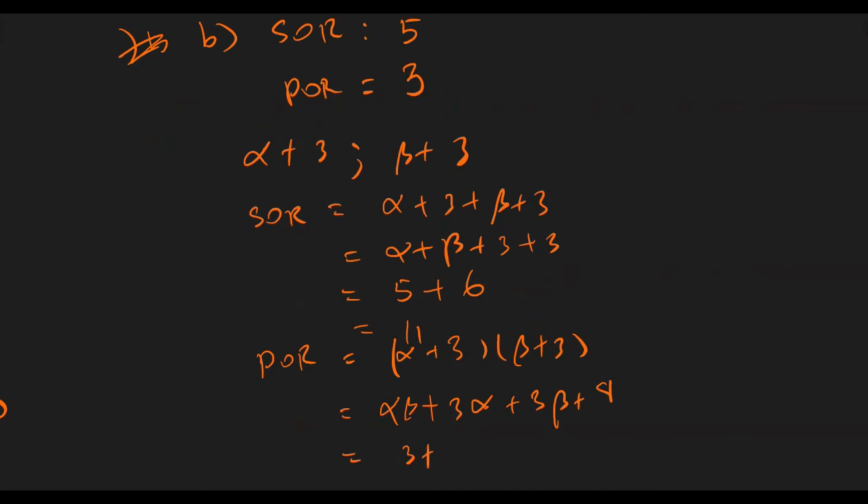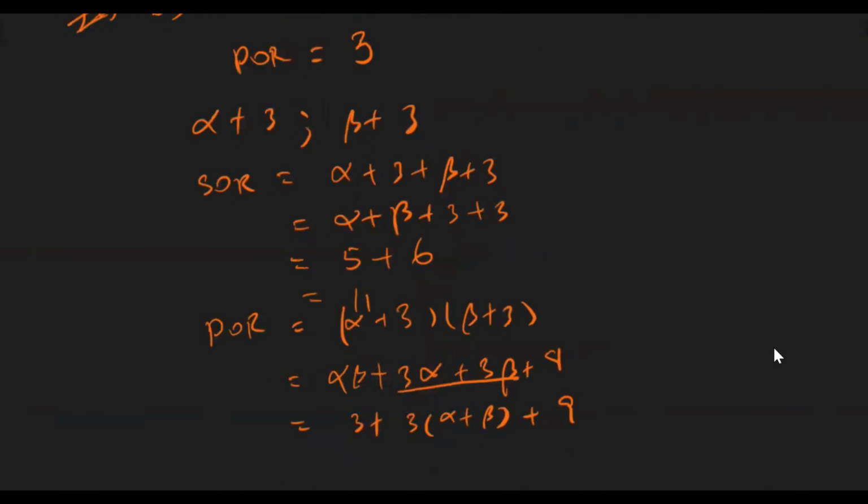Okay, and in this case here, we're going to look at it as this here, because we're going to take out the alpha plus beta. Okay, and then I'm going to put whatever I have into the equation.